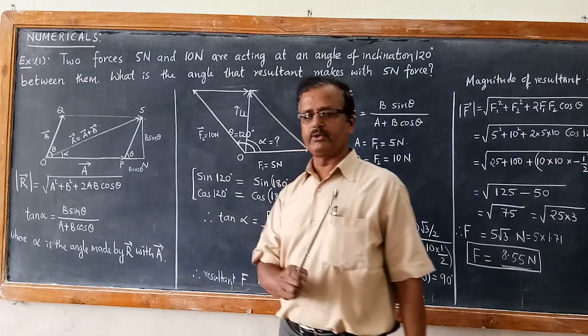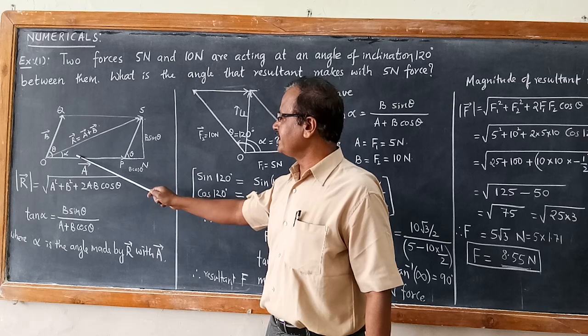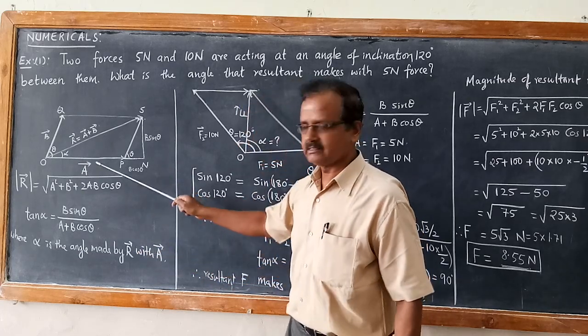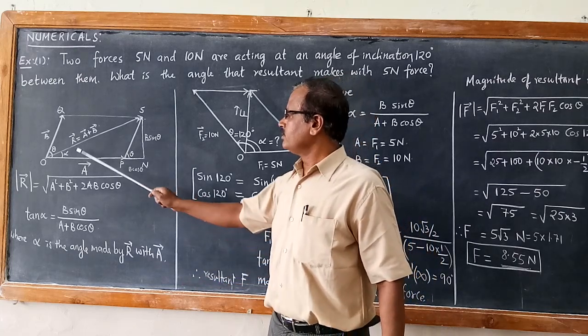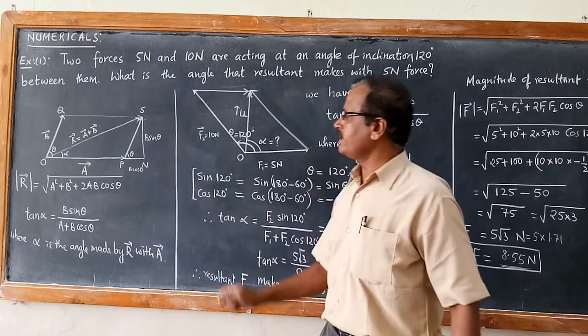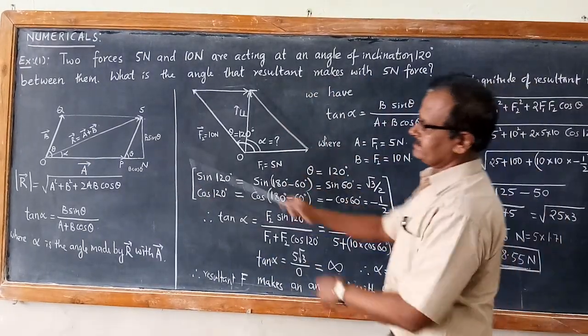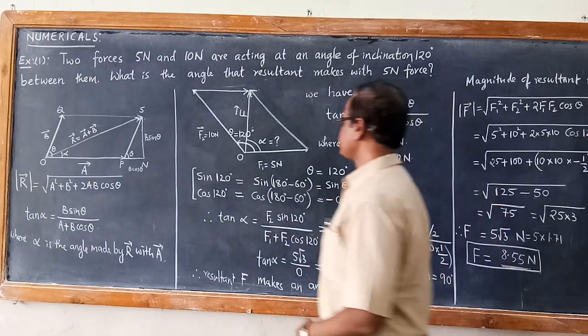The point to be noted very carefully is that vector R makes an angle alpha with vector A. Alpha is the angle made by vector R with vector A, and we are going to make use of this.